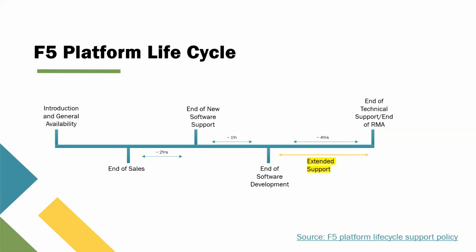It means that when a product enters this stage, F5 will not be releasing any new major or minor software for these platforms. So after this date, F5 would not be introducing any new major or minor releases of software. This information is best to have.